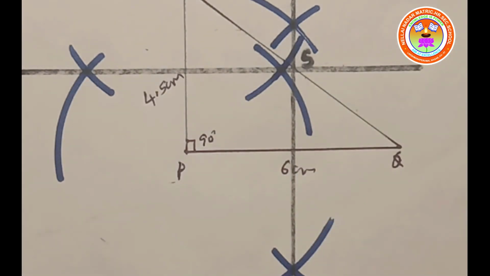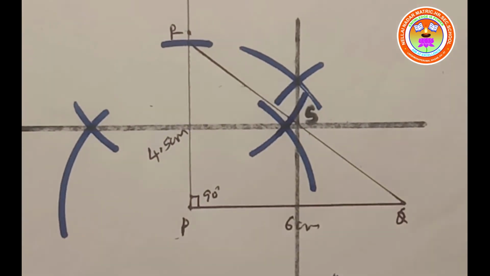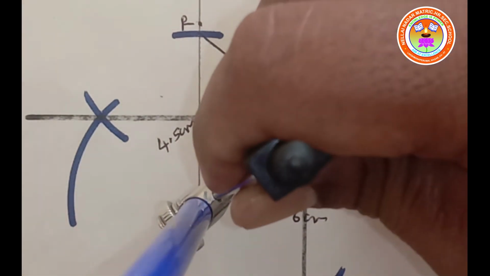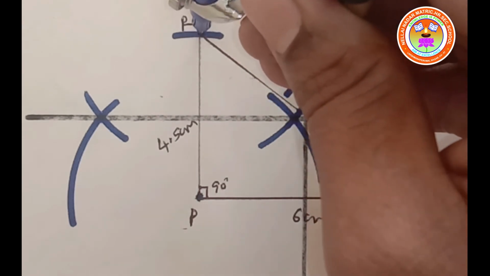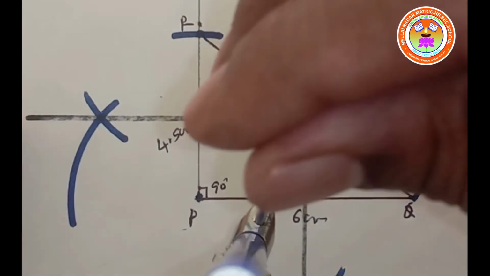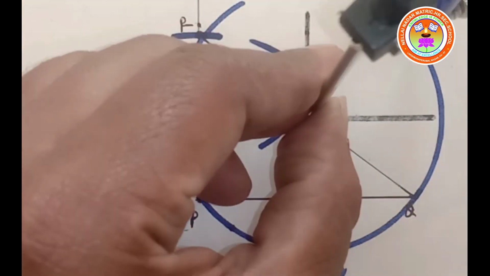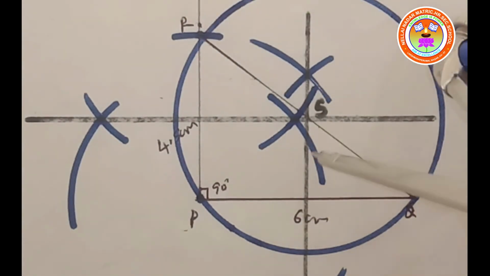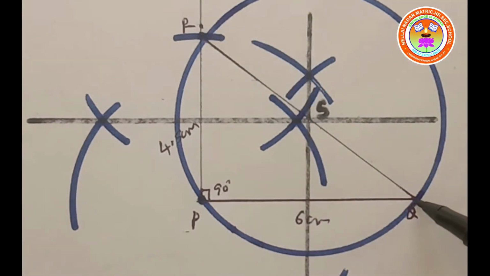Now with PS, QS and RS as radius, you are going to draw a circle. You draw a circle, so it exactly intersects the points P, Q and R. That's clear, children?